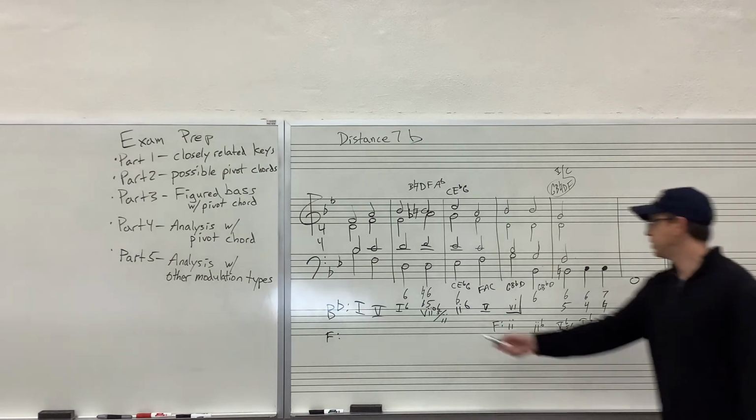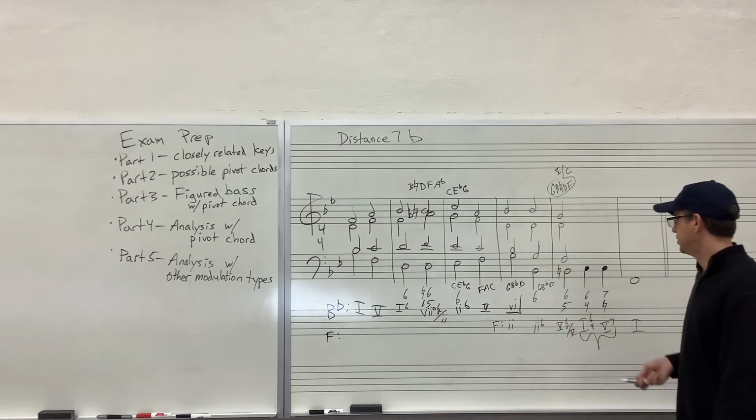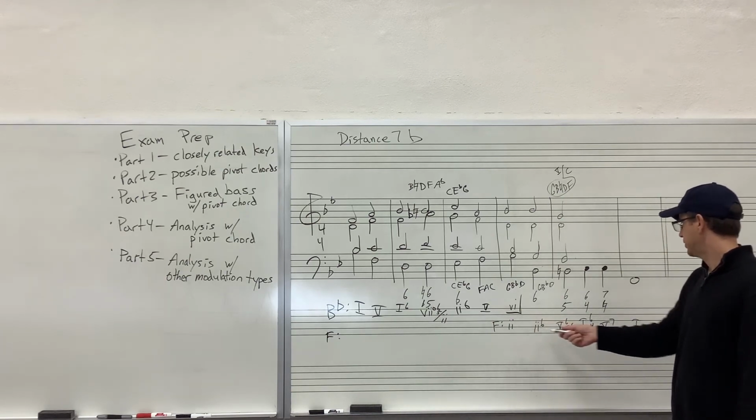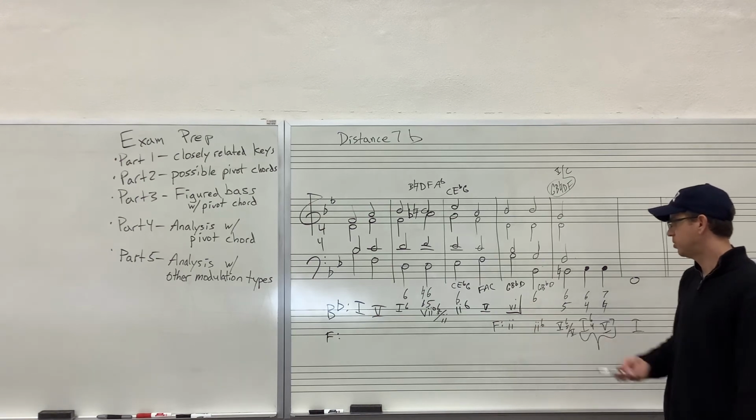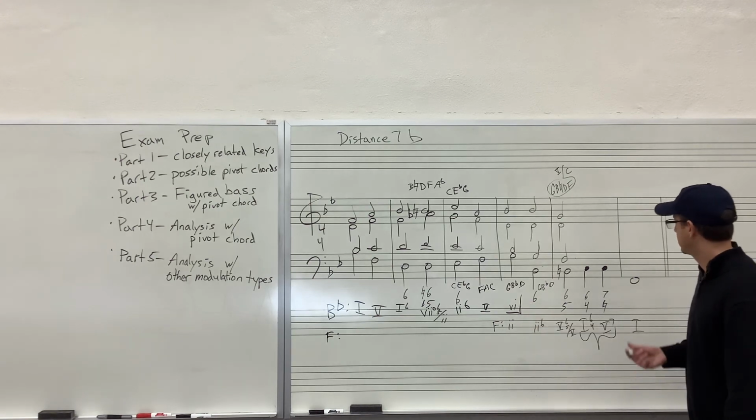So we are in B flat. We pivoted to F, and from the 6 chord in B flat, the G minor became the 2 chord in F. And I'll go ahead and finish this.